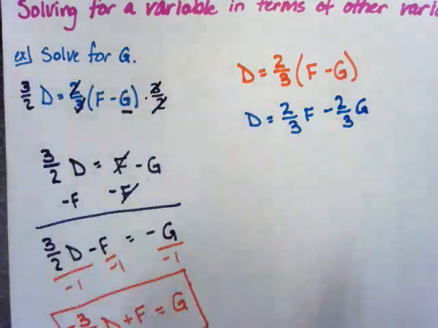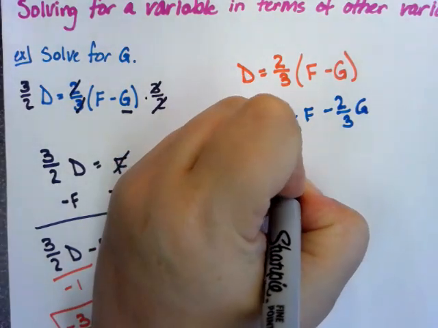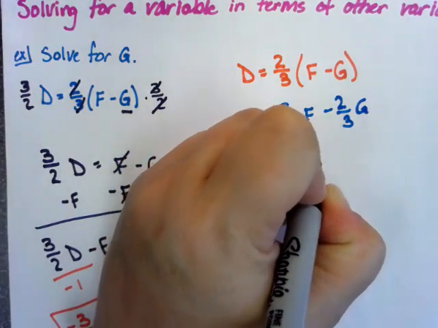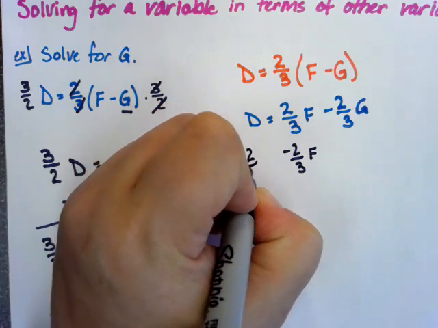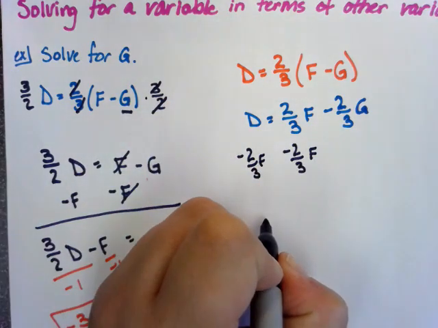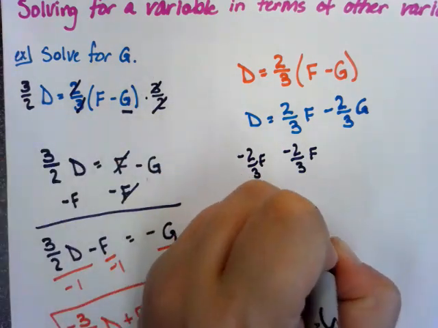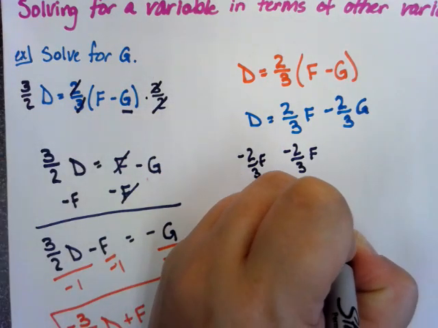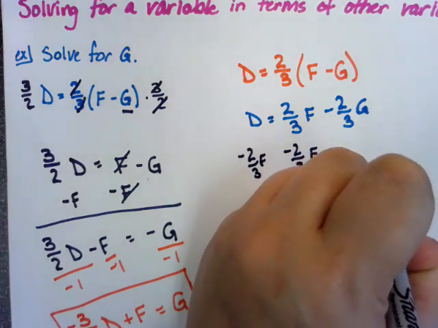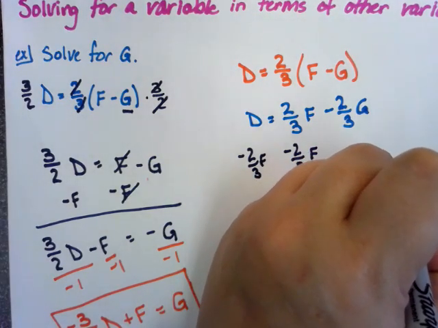Okay, getting rid of all the stuff that's on the same side as the g, I would be subtracting 2/3 f minus 2/3 f, and I will have d minus, sorry about that, 2/3 f equals negative 2/3 g.